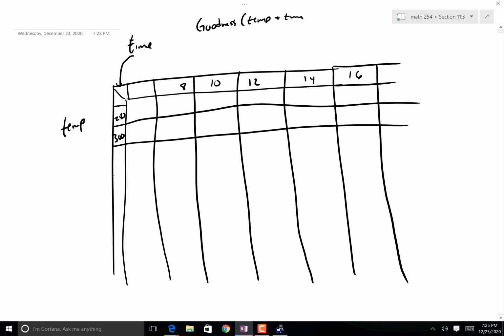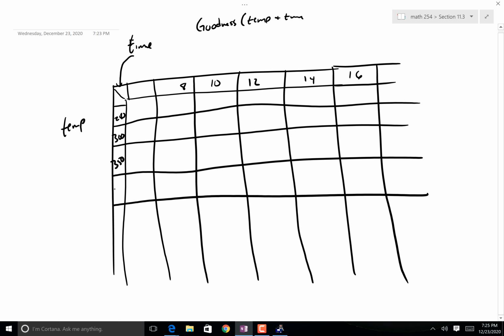I'm going to cook mine at 350. It's more betterish. I'm going to do 400. I wouldn't. I'm going to do 450. No, good luck. And so I'm going to give these scores. Like 10. All right. 9. 8.7. These are goodness scores. How much would I want to eat this cookie?